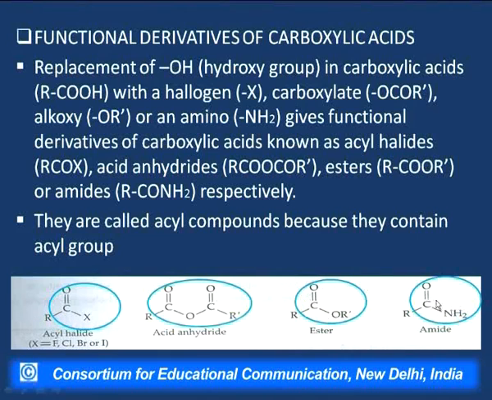Then if we treat the acid with ammonia, we get the functional group amide, CONH2. Please remember all these compounds are known as acyl compounds since they have the acyl group in them. So the first is acyl halide, second is acid anhydride, third is an ester, fourth is an amide, and all of them have an acyl group in them.